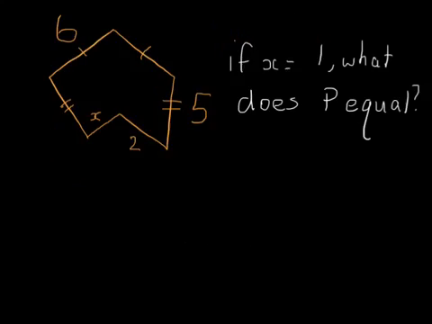Sometimes you'll be given a shape that has an unknown value, and you'll be asked to find the perimeter. Generally, these questions also give you the value of x, and you just have to substitute what's in the question into the shape.